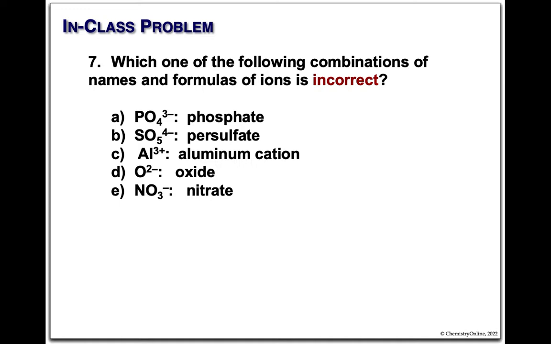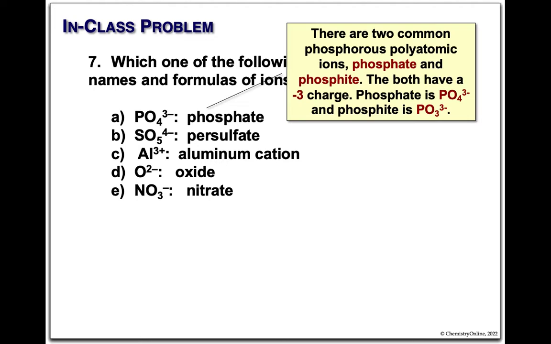Phosphate. Again, on your card, you can put a little list of polyatomics if you want, the important ones. Phosphate, we know, is PO4, and it's a -3 ion. The other very common one is phosphite, PO3, but it's also -3. So this one's good.